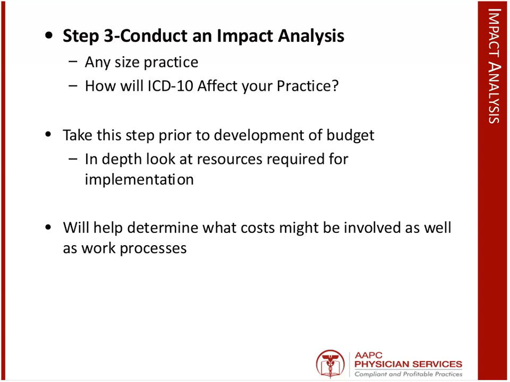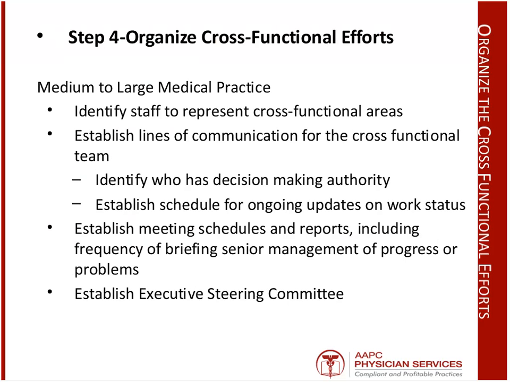Depending on how people are using that, and from an IT standpoint, like hardware and software, those things can take up a big chunk of your budget if you need to look at purchasing. So doing an impact analysis and seeing how the code set is going to be used in the departments once ICD-10 is active and live will really help you with budgeting and pulling out budgets.